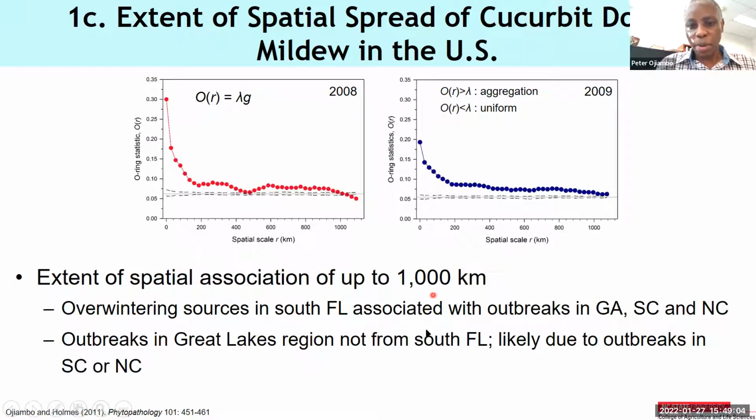Based on this information, we could tell our growers in the northern part of the country that if you have an outbreak in Georgia or North Carolina, you should probably be a little worried that you will see some infection with time. But if you don't have anything in Georgia or South Carolina, and you are in Virginia or New York, and you only have infection occurring in Florida, you probably need not worry about the disease.